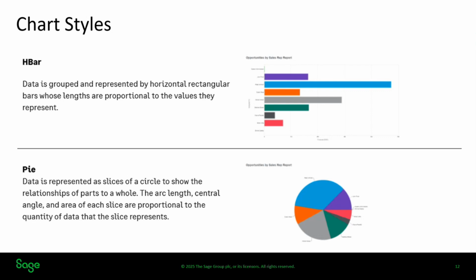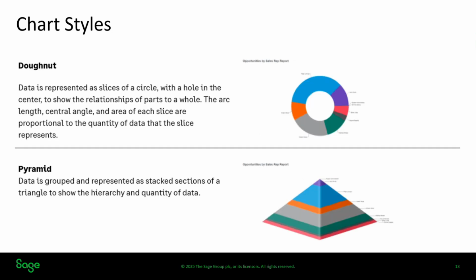They're very simple types of report to be able to generate, or charts to generate, as are the donut and the pyramid types. The donut is interesting because it's obviously very similar to the idea of a pie chart.